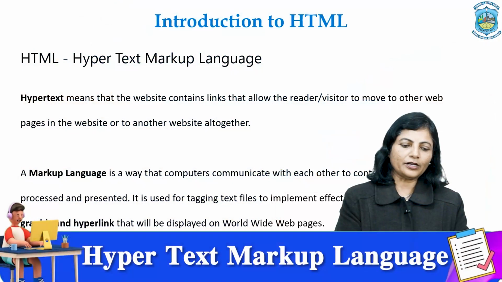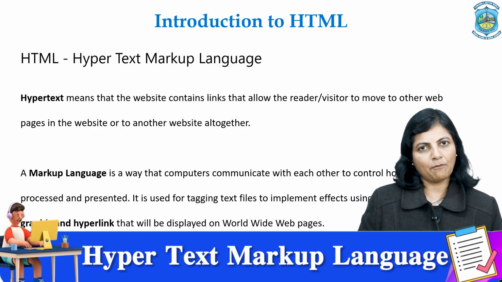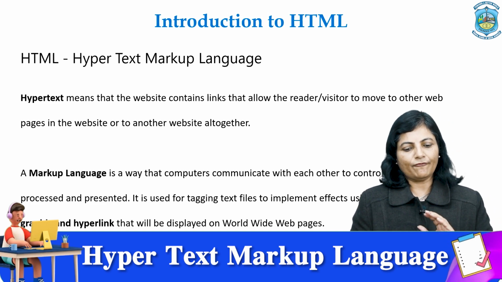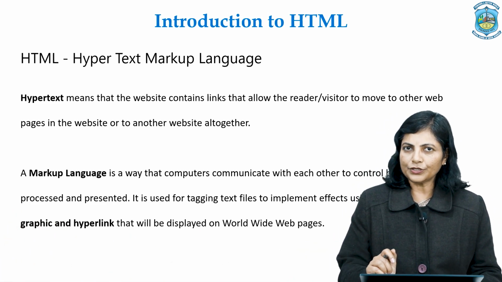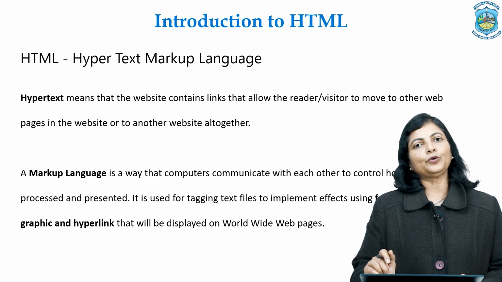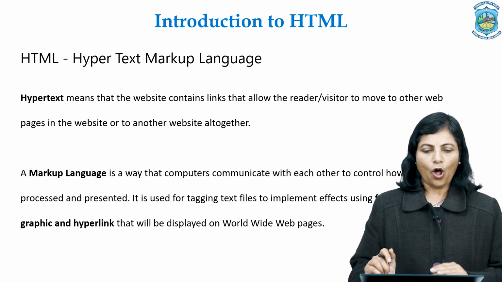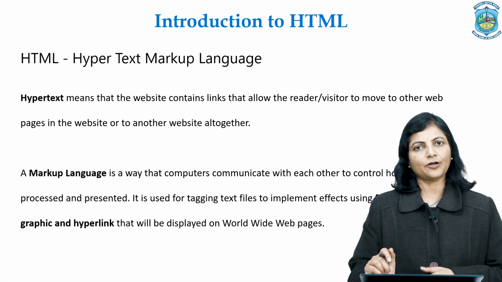HTML is the acronym of Hypertext Markup Language, where hypertext means that the website contains links that allow the user or the reader or the visitor to move to another web page of a website, or to move to another web page or a website altogether.